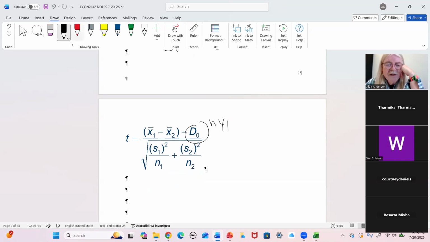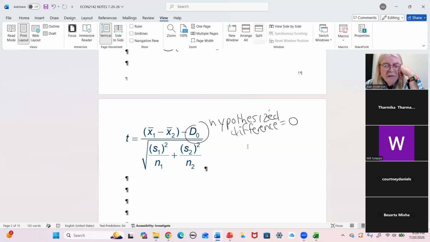And in this case, that would be 0. Okay, so we only have to plug in the rest of these. So what do we have? Let's split the screen so we can see what we're doing.